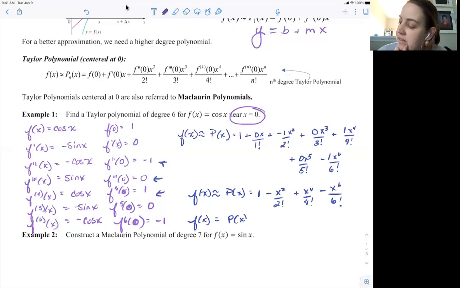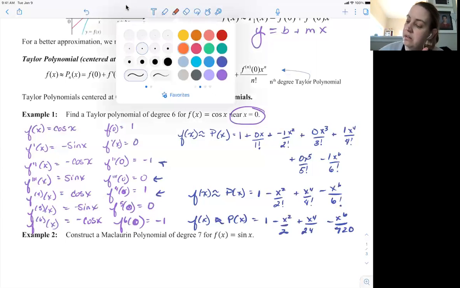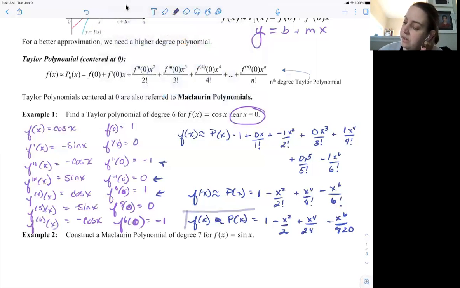Here's p of x: 1 minus x squared over 2 plus x to the fourth over 4 factorial, 4 times 3 is 12, times 2 is 24, minus x to the sixth over 6 factorial: 6 times 5 is 30, times 4 is 120, times 3 is 360, 720. I'm pretty sure that's 720. So there we go, that is our 6th degree Taylor polynomial.